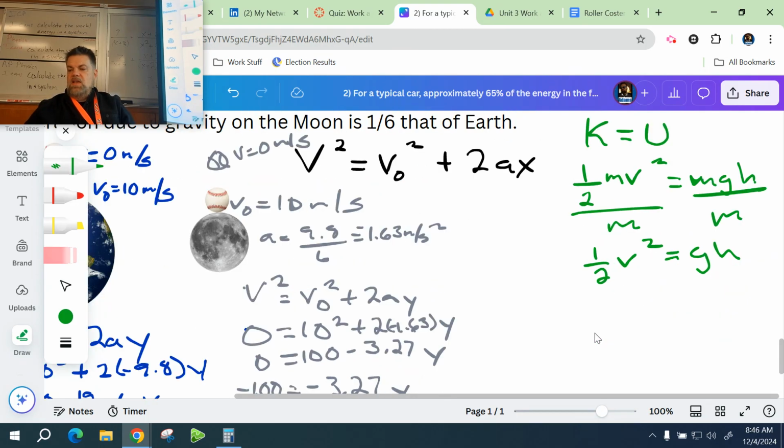So then the initial velocity, this is technically the initial velocity, would be 1/2 times 10 squared, which is equal to 9.8 times H. So then we have to do the exponents first. So this becomes 100.